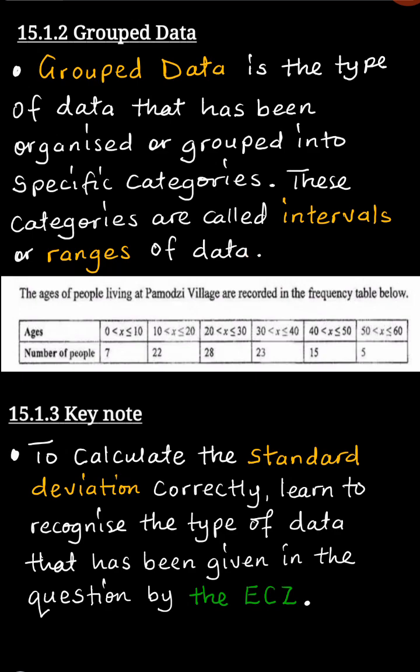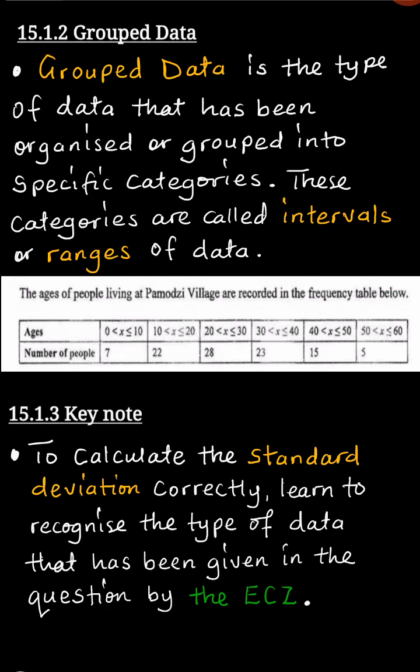Now, for you to understand what grouped data is all about, I've gotten for you this extract from the Examinations Council of Zambia exam questions on statistics. In this particular question, the Examinations Council of Zambia stated that the ages of people living at Pamozi village are recorded in the frequency table below.